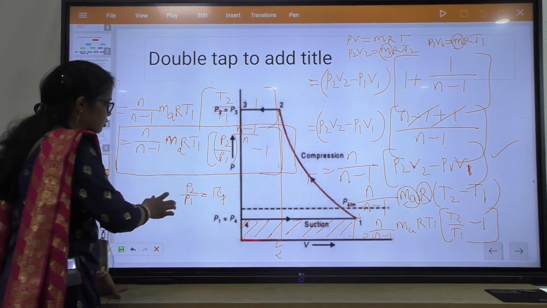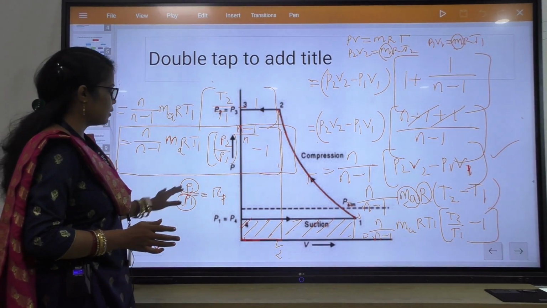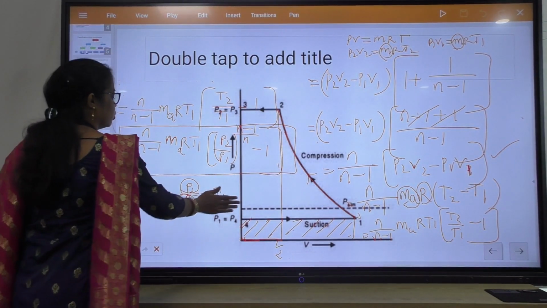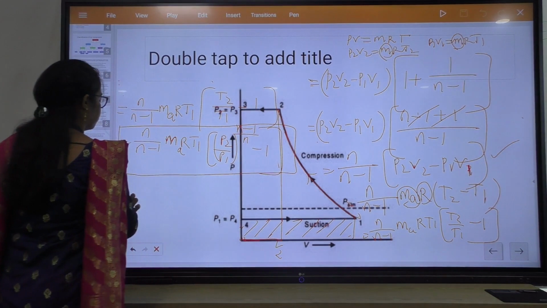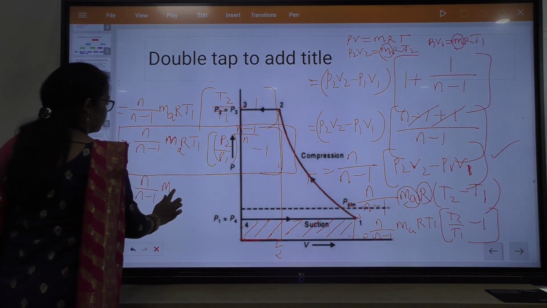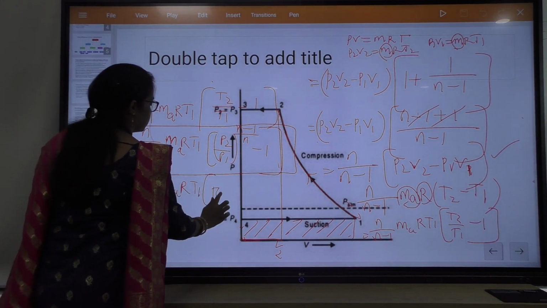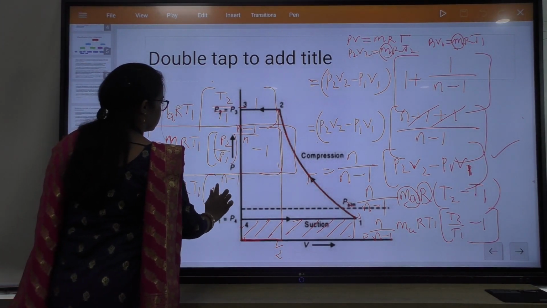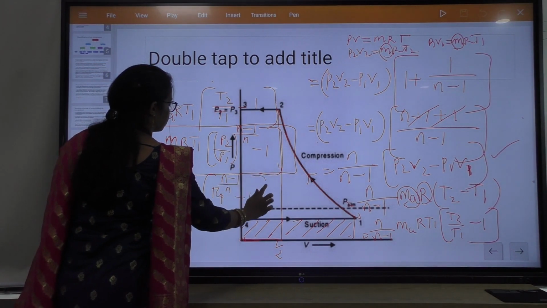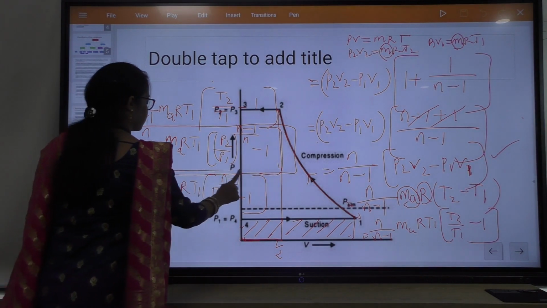After the compression pressure is P2 and before the compression pressure is P1. And that ratio is RP. So, in the place of P2 by P1 you can write n by n minus 1 MAR T1, whole into RP to the power n minus 1 by n, minus 1. This is the work done.